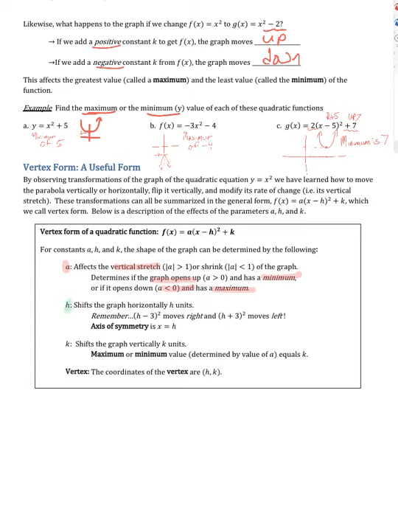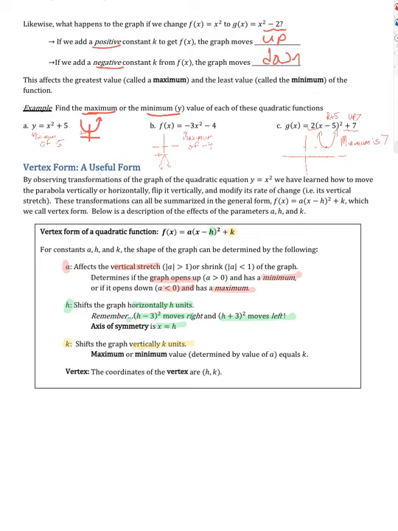Okay. This h number here is going to move it horizontally, and this one is opposite. So remember, minus 3 is going to move it right, and plus 3 is going to move it left. And that does affect the axis of symmetry. We can call that x equals h there. Then we have this k value, and that shifts it vertically, k units.